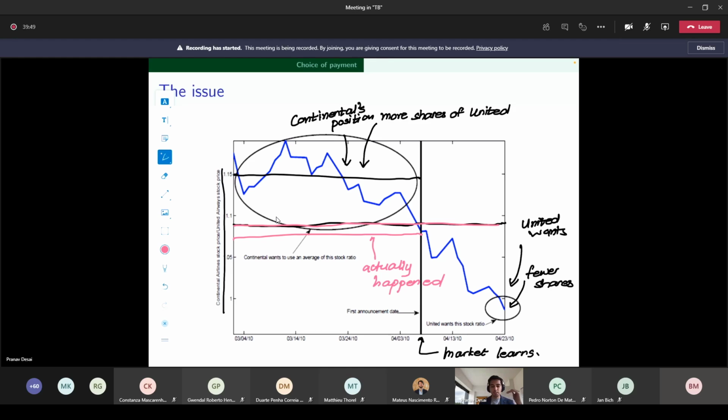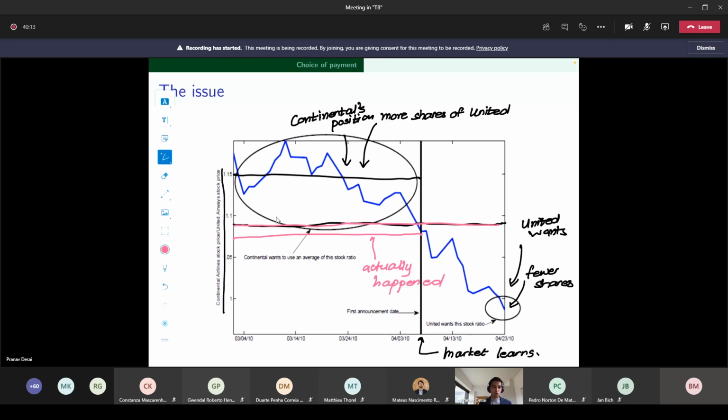And this implies that United captures more of the synergies from the final deal as compared to Continental. Is this necessarily a worse deal for Continental from the perspective of fairness? We really do not know, because it's perfectly possible that United is the one who's creating most of these synergies. So if anything, they are just capturing their fair share.